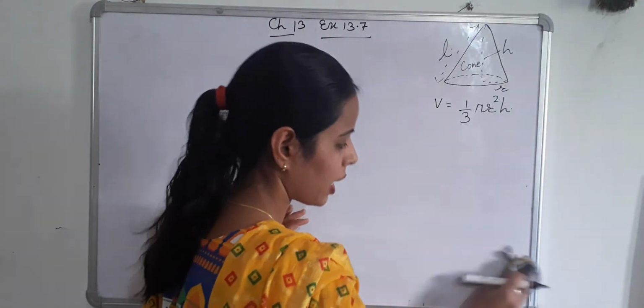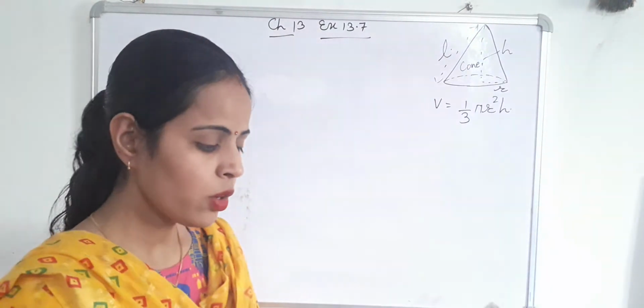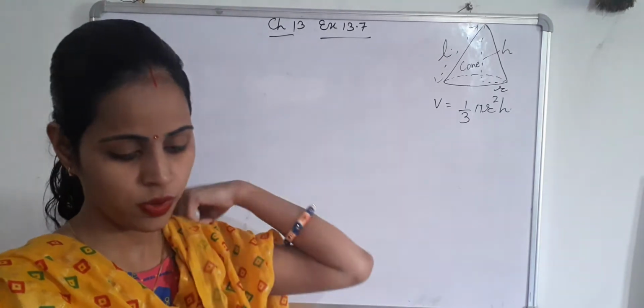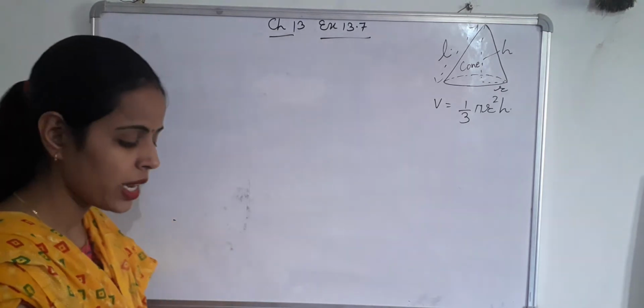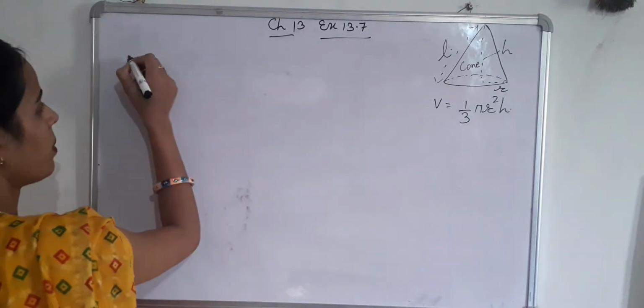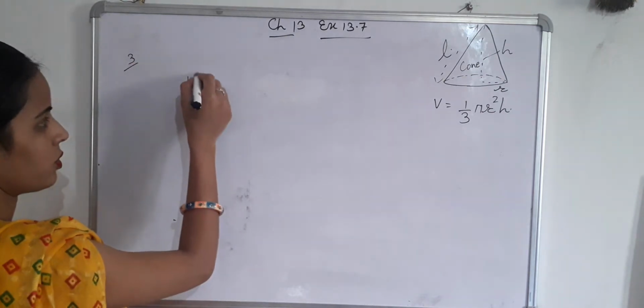Question number third is that the height of a cone is 15 centimeter. If its volume is 1570 centimeter cube, find the radius of base. Use pi 3.14. Volume is given.